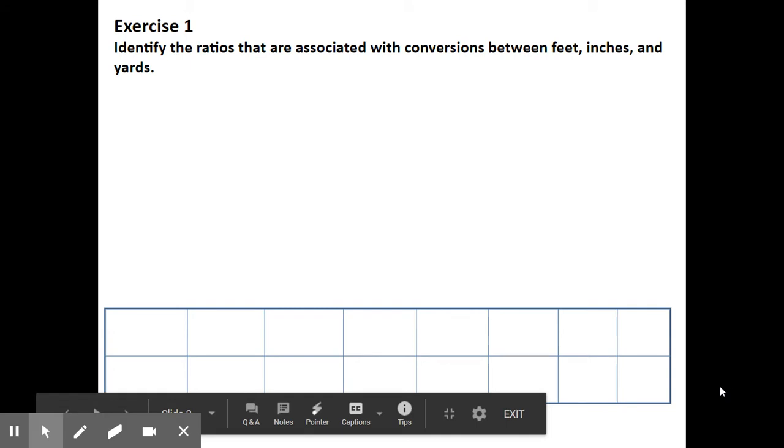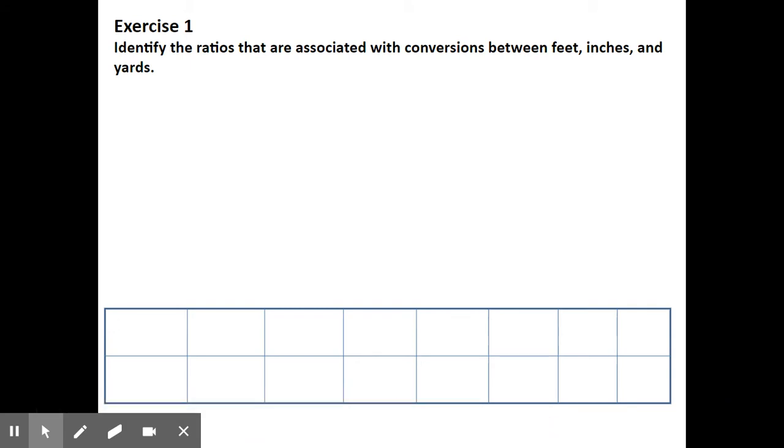Exercise 1. I believe it's on page, real quick, 227 in your textbook. We're going to identify the ratios that are associated with conversions between feet, inches, and yards. The first one says 12 inches is how many feet?